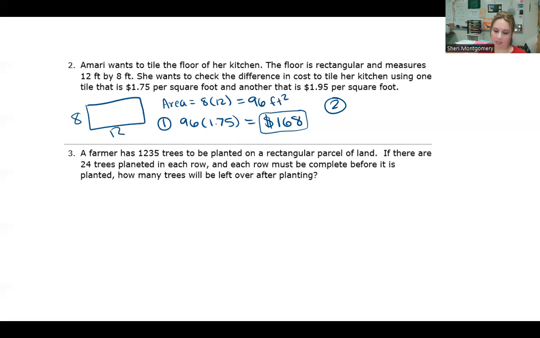I'm just letting you problem solve. 3 minutes to problem solve. See what you can come up with. A parcel? A piece of land. So it's like a yard. The size of the yard doesn't even matter. That part's irrelevant. You got trees, you're gonna plant them. So how many trees you got, but you can only plant them 24 at a time.